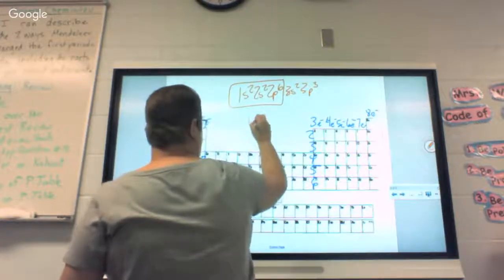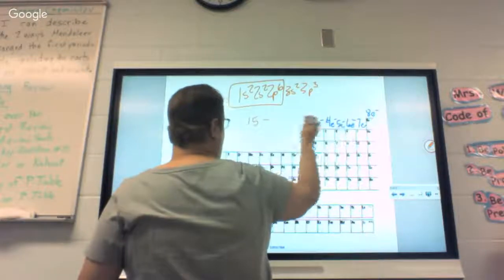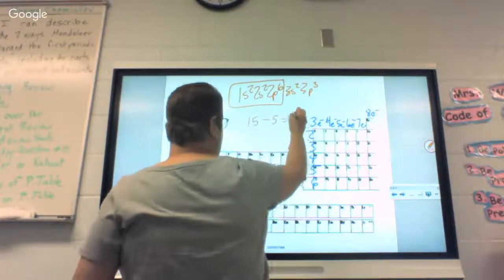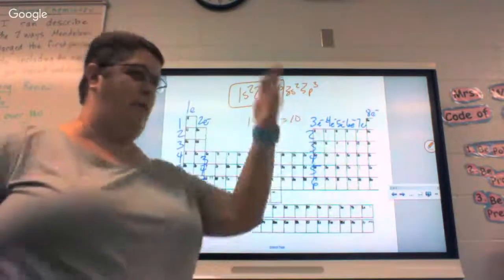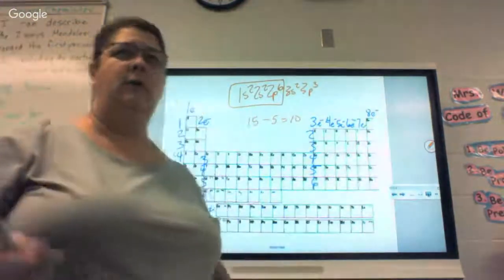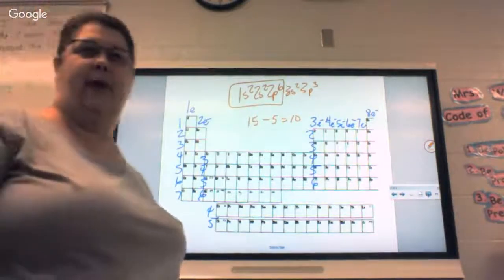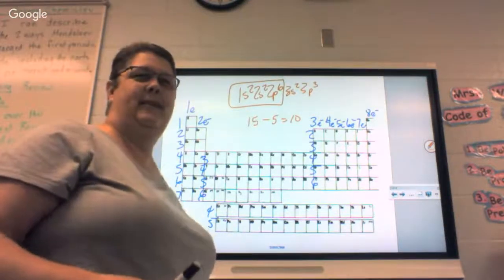Or you could have said 15 is the atomic number, minus, it has how many in the outer shell? 5, and gotten 10 that way. Either way will work. Whichever one pops in your head tomorrow, go with it. Let's try to get it right tomorrow without having to guess. Please.